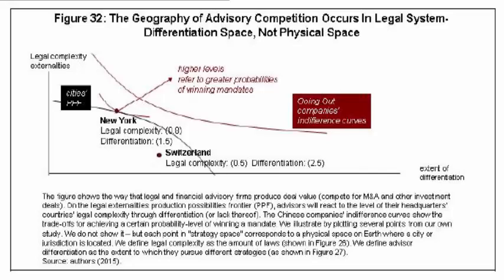On figure 32, we show the utility curves of these Chinese companies. And we say, okay, we see in the data that Chinese companies exhibit preferences for advisors using particular types of legal complexity in order to get deals done and different types of differentiation.